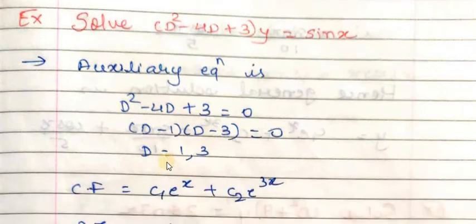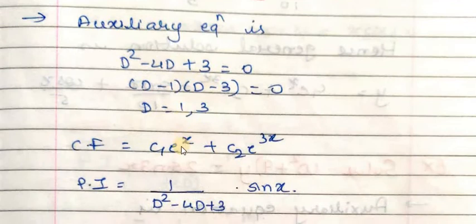So by equating D minus 1 to 0, we will have the value of D equals 1, and if we equate D minus 3 to 0, we will have the value of D equals 3. Here we are getting different real values of D, that is 1 and 3.